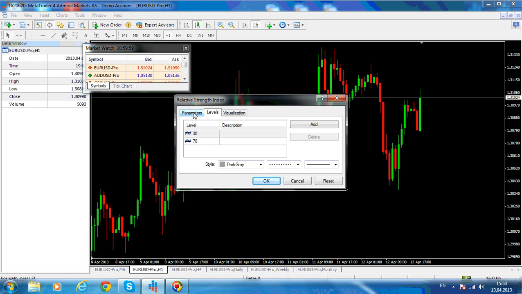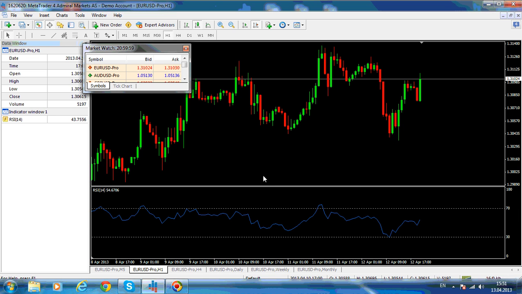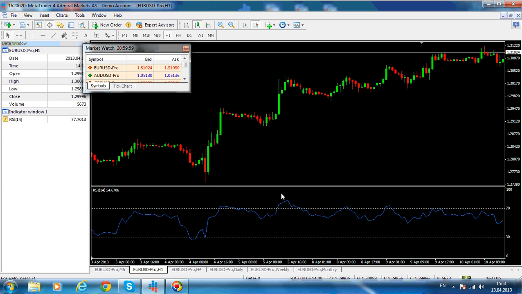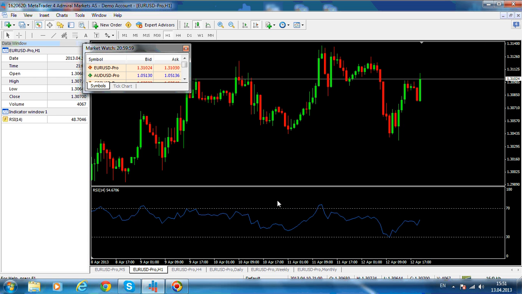The oscillator travels between the 0 and 100 level, but values above 80 are extremely rare, and of course values below 10 or something like this are also extremely rare. The default setting comes at 70 and 30 being the levels presented by any broker that you might decide to work with.